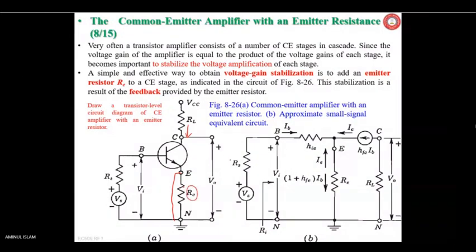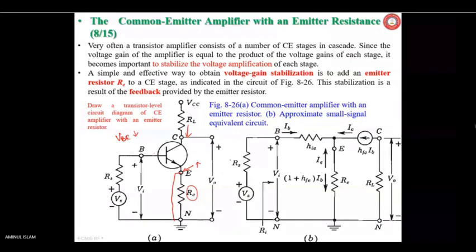The voltage level here will be increased or not? More current multiplied by resistance, so the voltage is going to increase. Yes, sir, increase. If that is increasing, then the potential difference between the base and emitter is going to decrease or increase? Sir, decrease. VBE is going to decrease.